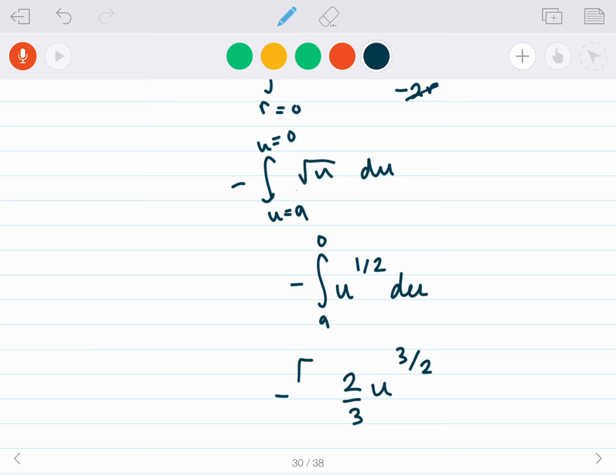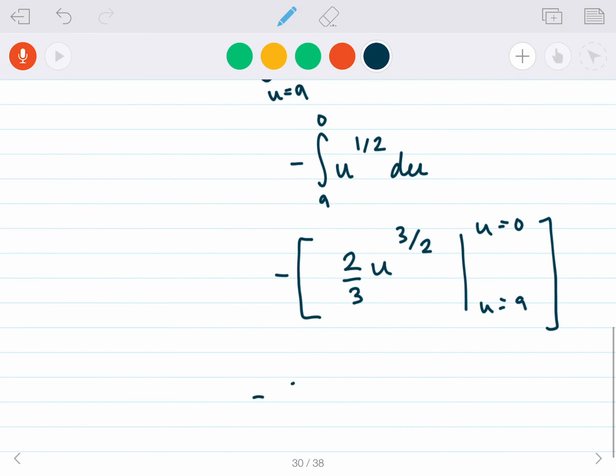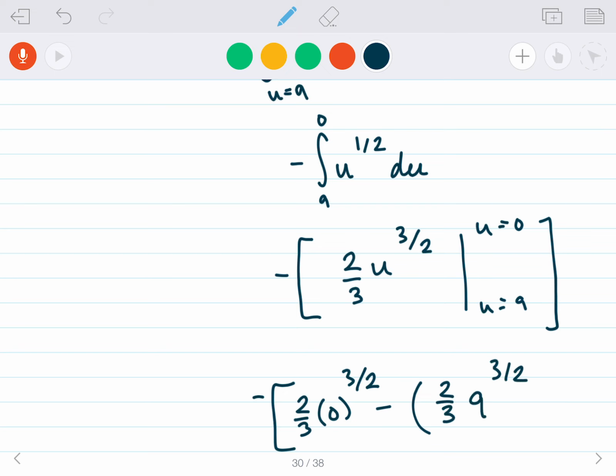And that negative can just hang out on the outside for now. And I'm going from u equals 9 to u equals 0. Okay, so u equals 0 comes first, so I have negative 2/3, 0 to the 3/2 minus 2/3, 9 to the 3/2.